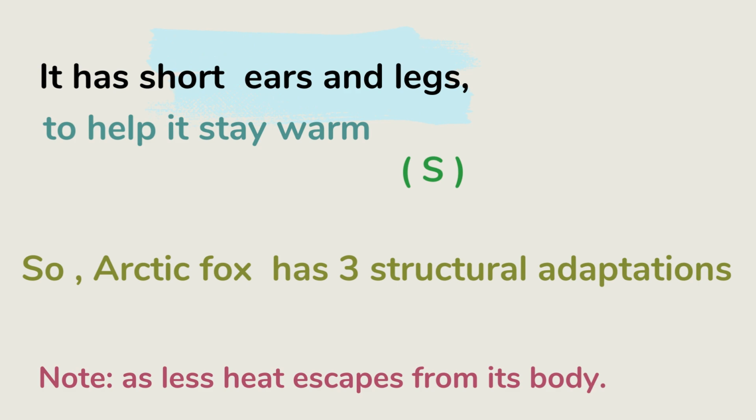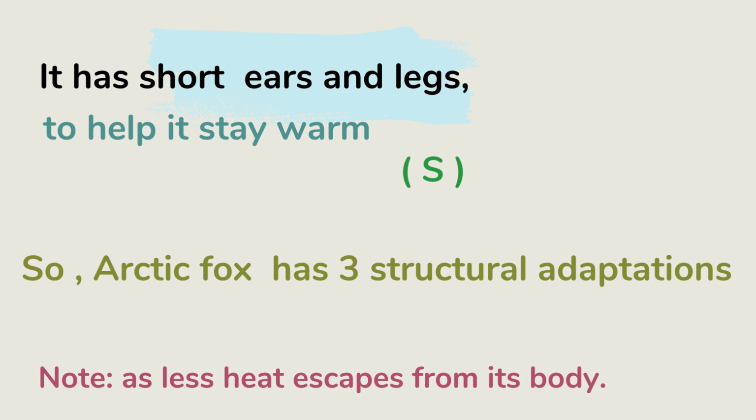Okay, and why does it have short ears and legs? This keeps its body warm. How? Because with short ears and legs, less heat escapes from its body. It's the opposite of the fennec fox.